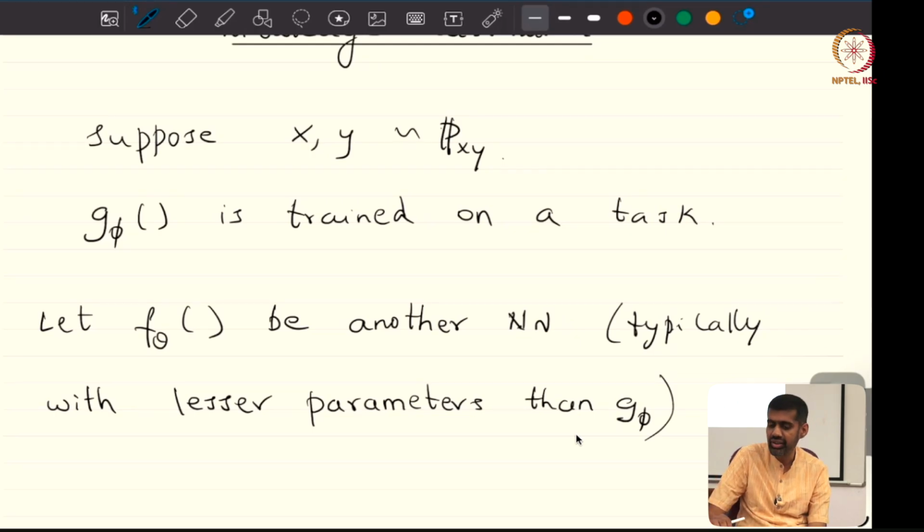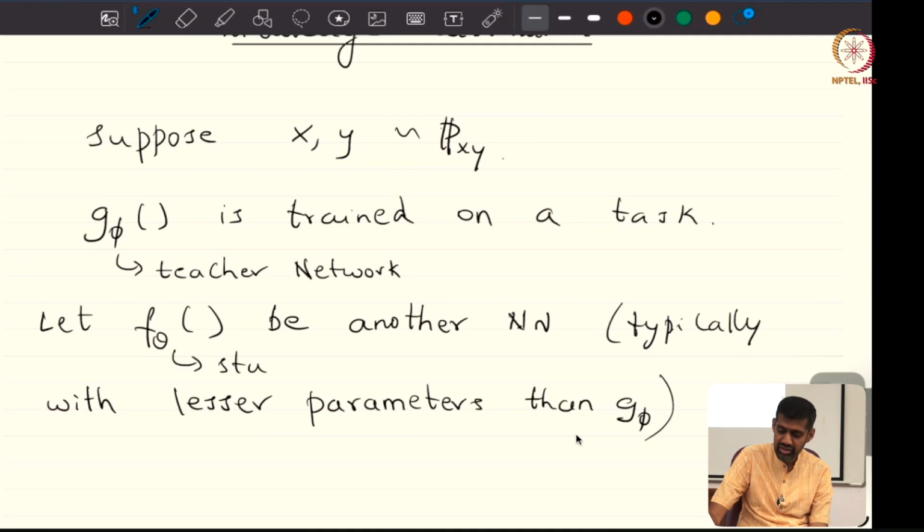So we have two neural networks, one is G phi and the other is f theta. Typically f theta will have a much lesser number of parameters compared to G phi. G phi is referred to as the teacher network, and f theta as the student network.